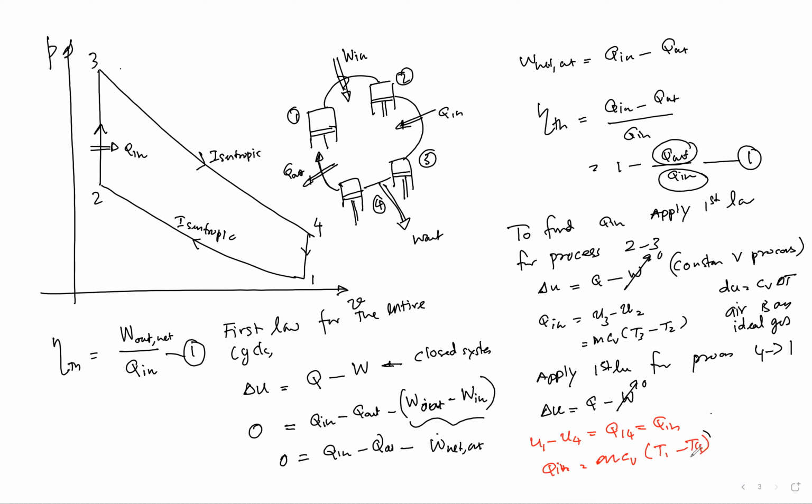Now I have Q in and Q out, and I can substitute into the equation. Thermal efficiency is equal to 1 minus Q out over Q in.